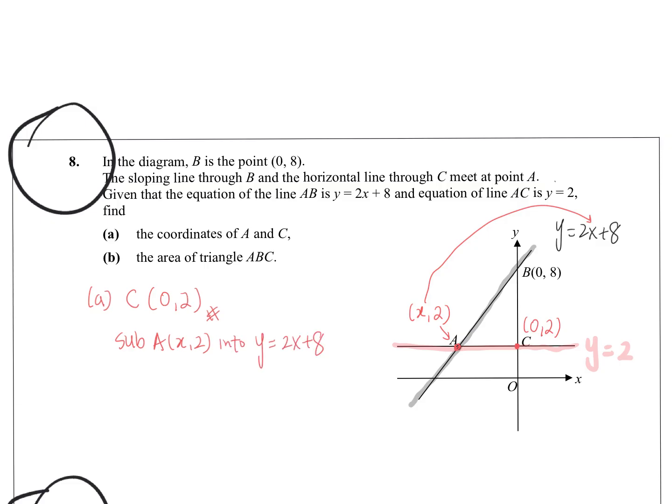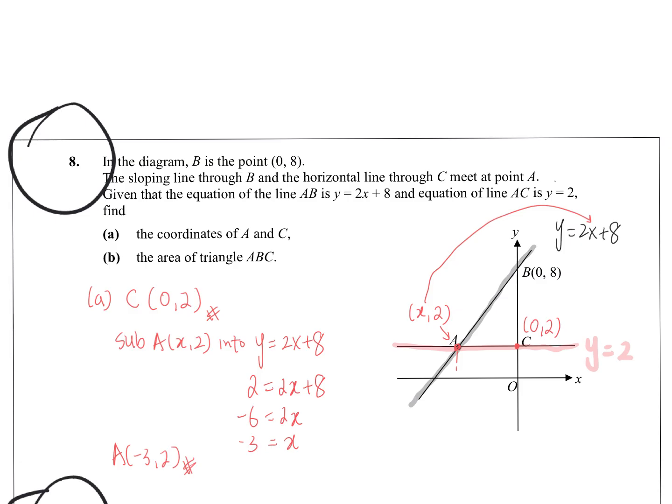And you know one of the values, so y is 2. So x is minus 3. So my coordinate of A is minus 3, 2. If a point lies on the line, it must satisfy the line. So you can sub in and solve.